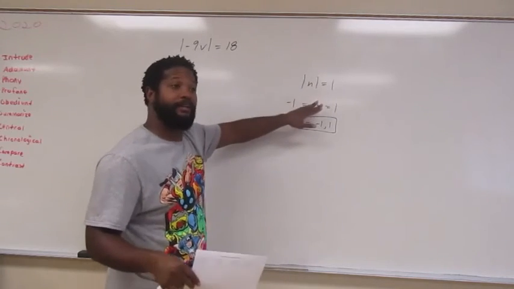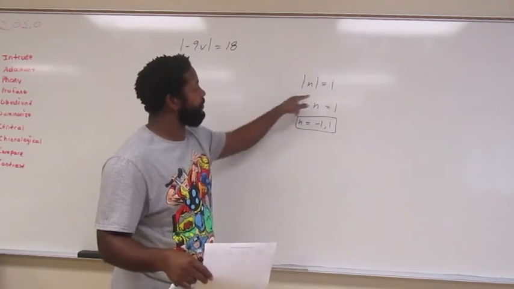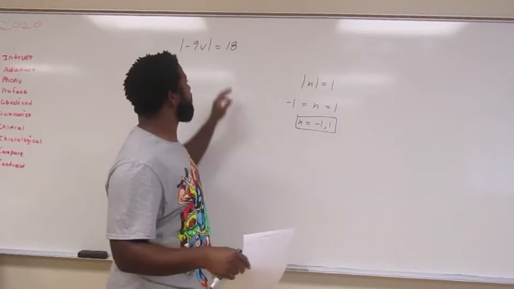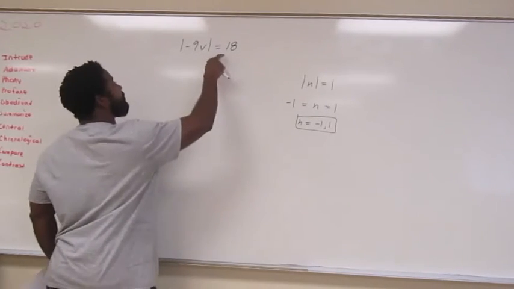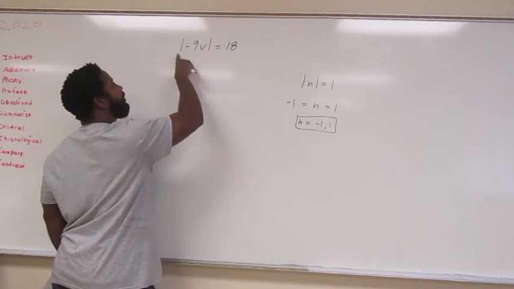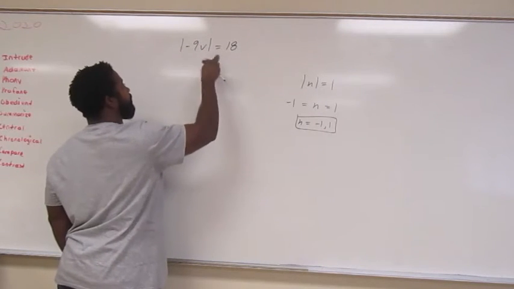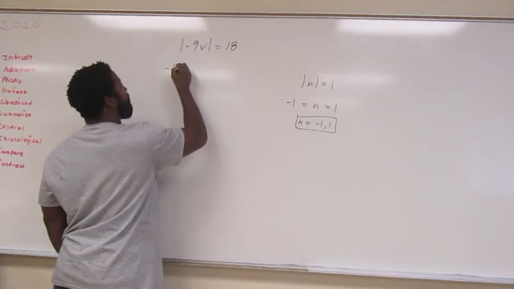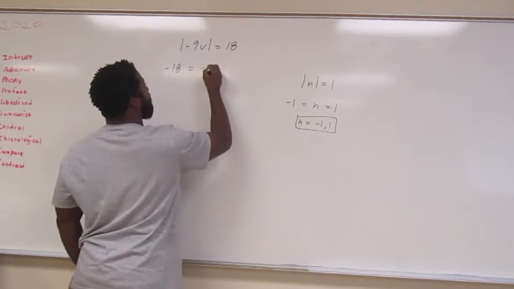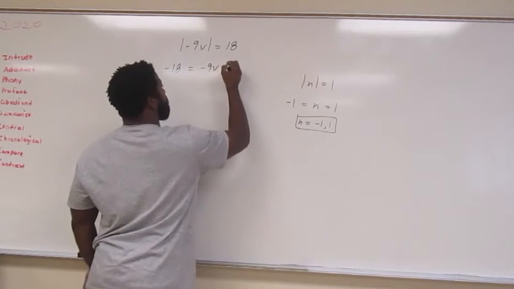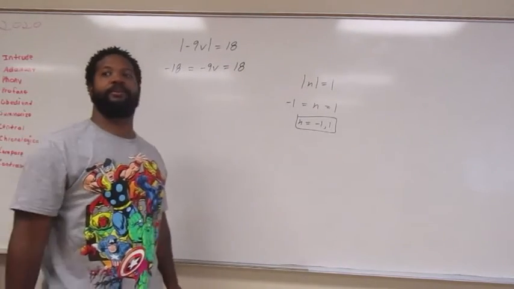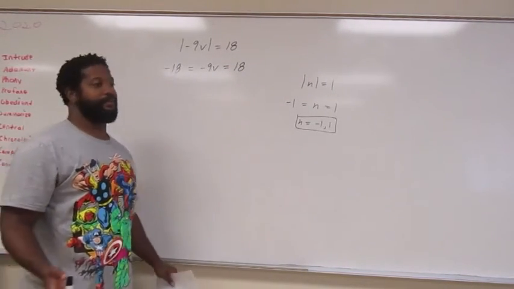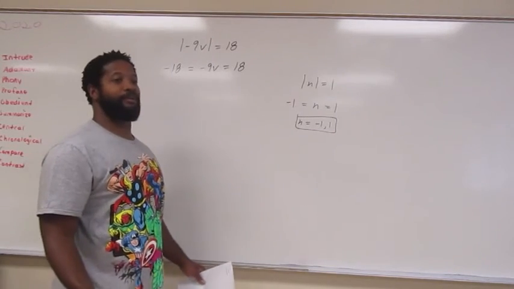Place the opposite to the other side, the negative. That's how you get rid of your absolute value. So you have negative 18 is equal to negative 9v, which is equal to 18, okay? Plain and simple, all right?